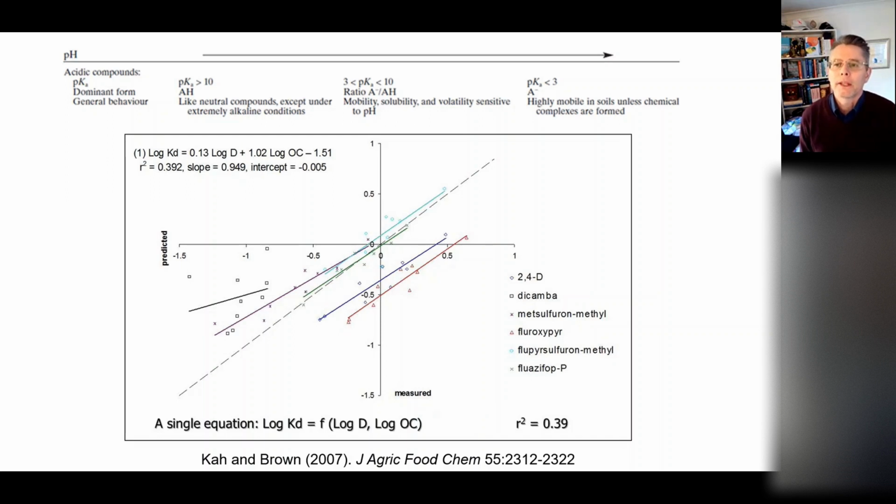They could derive a log Kd value related to a corrected log KOW value, in this case log D, and the organic carbon in the system. So they are arguing that when you account for the difference in partitioning behavior of the chemical, you are still able to derive a relationship with KOC in an efficient way.